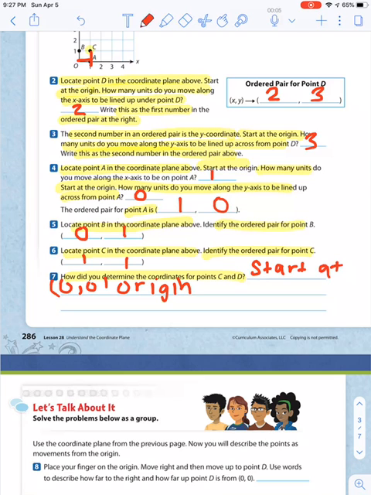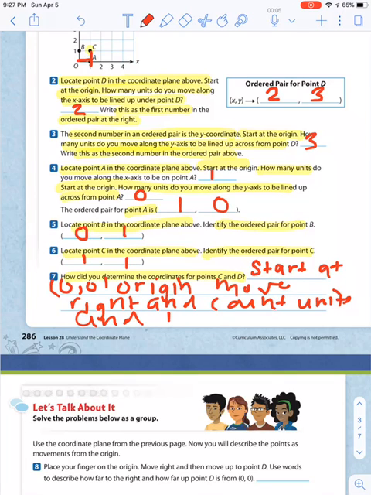And we are going to move right and count the units. And move up and count the units.